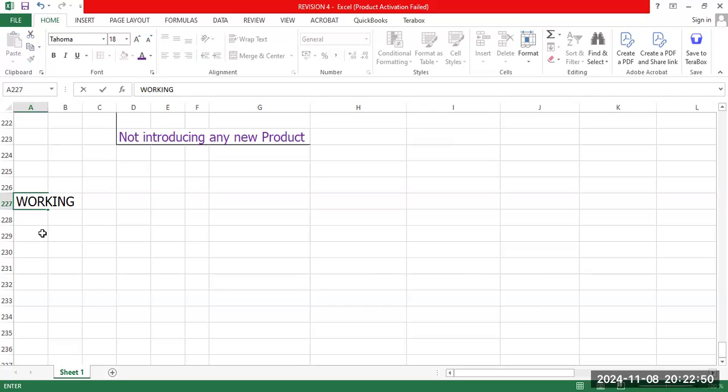And this working you're doing is actually to get profit. Remember, profit is equal to total revenue minus total costs.